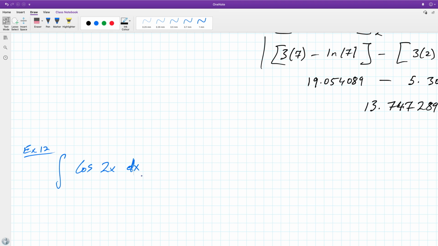The sine of ax over a. And it's the same thing with the sine: the sine of ax integrated gives you the minus cos of ax over a. Handy little thing to have in your log.